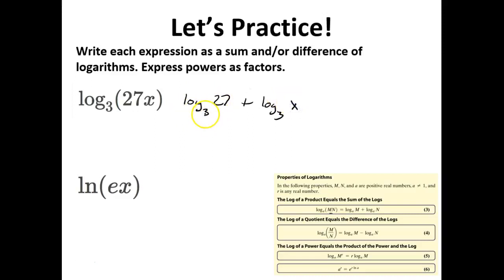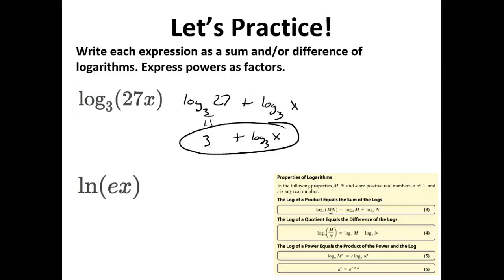Log base 3 of 27, can I simplify this? 3 to what power would give us 27? Well, that's 3 to the third. 3 to the third is 27, so that one simplifies to just 3, and then plus log base 3 of x. It would be that one.